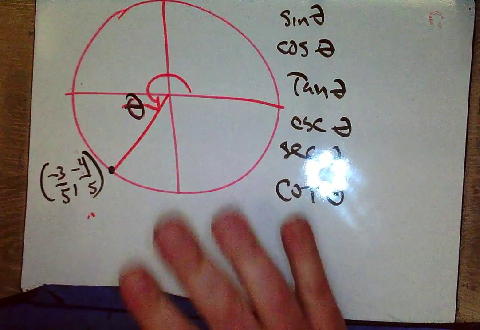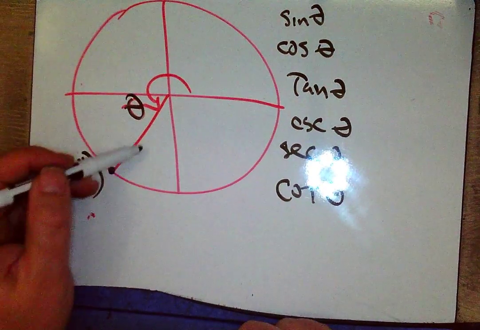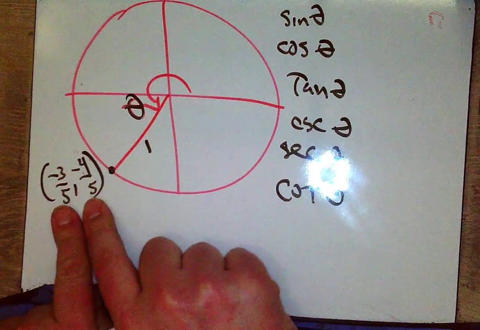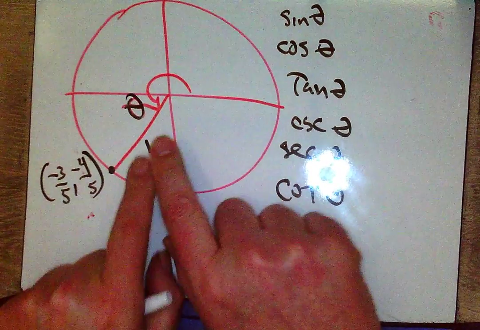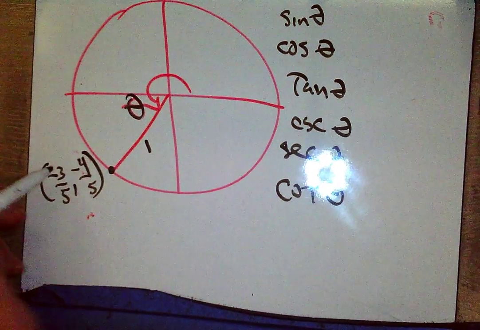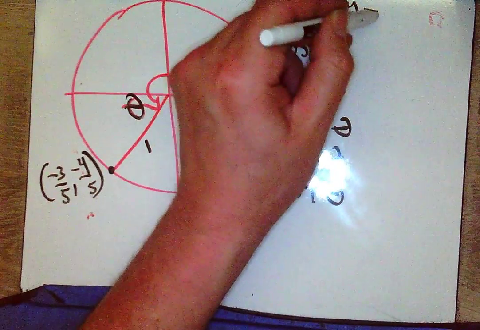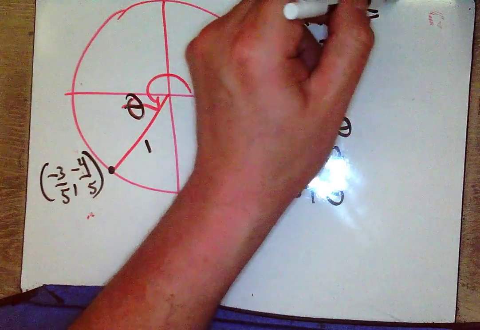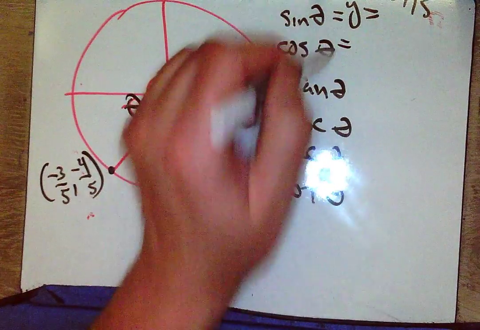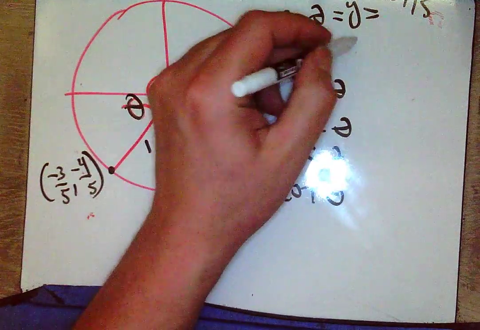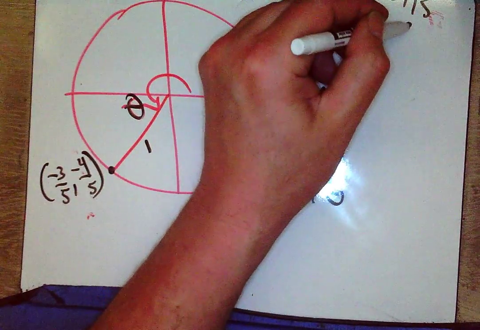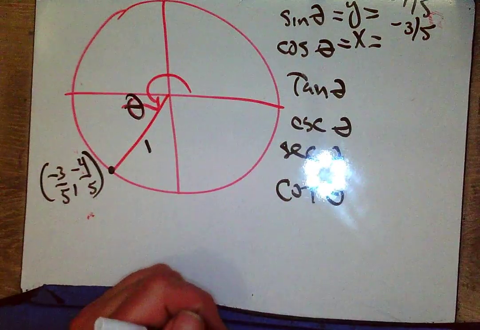Well, remember, if we're on the unit circle, and we are, we could know that, by the way, by plugging these into the Pythagorean theorem. We'll end up with 1. So on the unit circle, I know that sine is the y value, and so that's negative 4 over 5. Whereas on the unit circle, I know cosine is the x value, and so there's my cosine, negative 3 over 5.